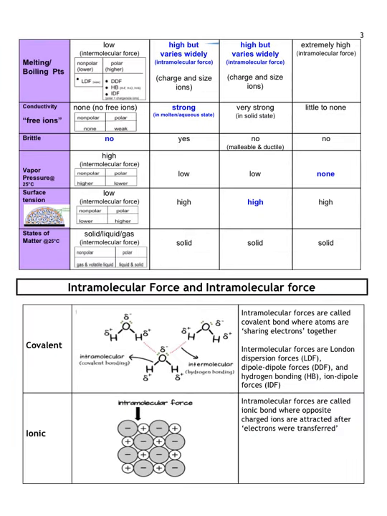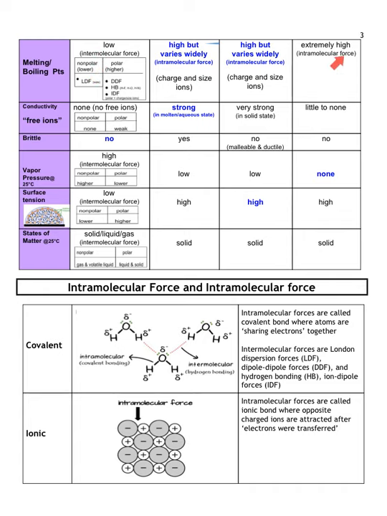Now, these bulk properties, the bonding that takes place in all these substances, really dictates all of these different properties that you see, whether it's melting point, boiling point, conductivity, brittleness, vapor pressure, surface tension, or states of matter. So all of these properties of bonding will lead to the different high melting points or low melting points that you see.